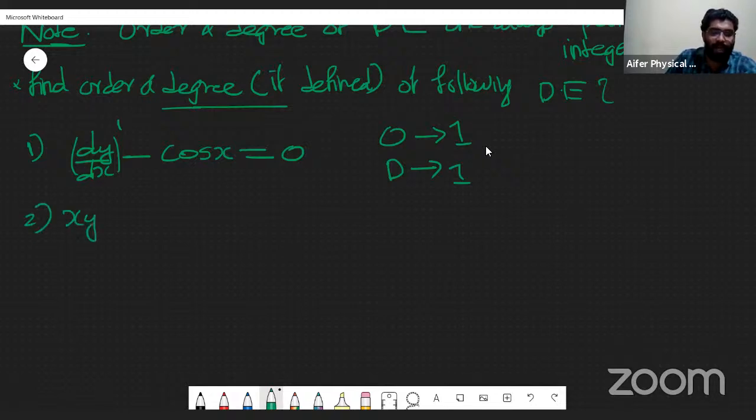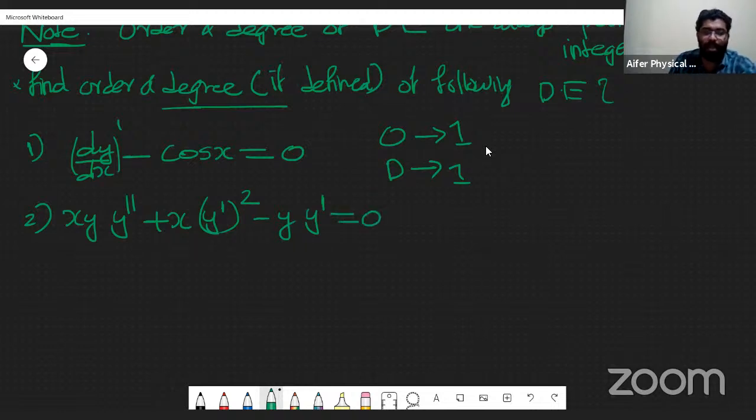x y double prime plus (x y prime) whole square minus y prime equal to 0. What is the order? To find order, you just check what is the highest order derivative.